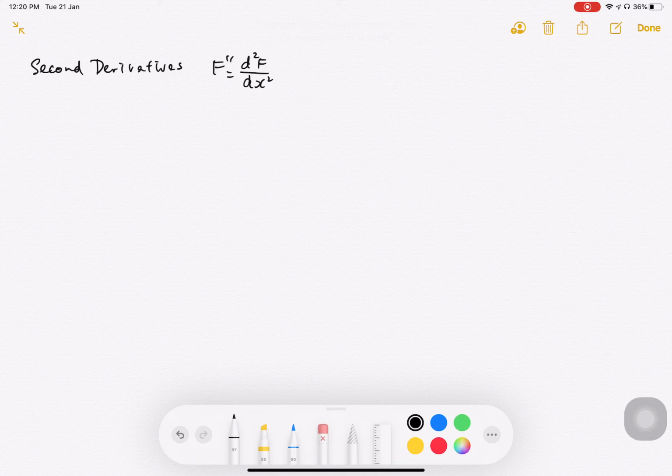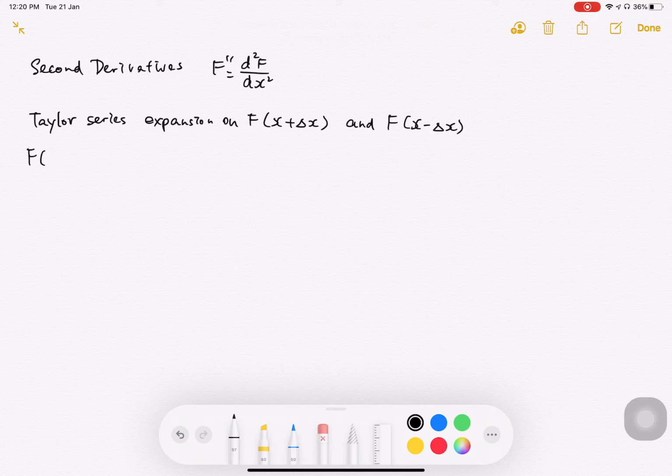Okay, we have the Taylor series expansion on f at x plus delta x and on f at x minus delta x. Okay, so we have the expression for both of them.